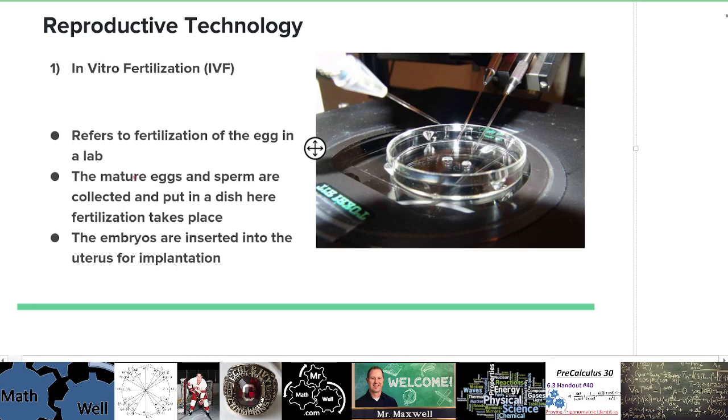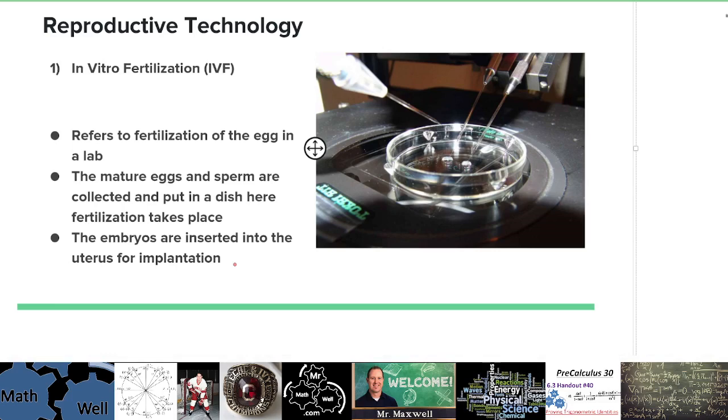Once fertilization has occurred, embryos are inserted into the uterus for implantation. Let's say that a couple has hindrances to conception for whatever reason. Maybe it's a low sperm count, or maybe the woman has very irregular production of eggs or virtually no production of eggs, or those eggs are having trouble getting out into the fallopian tube where they can be reached.